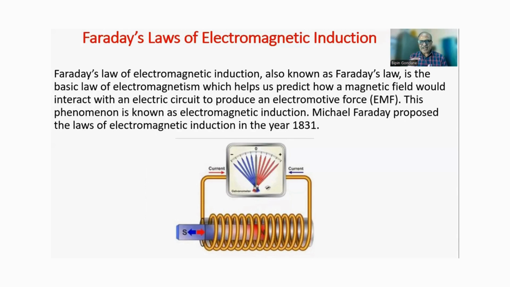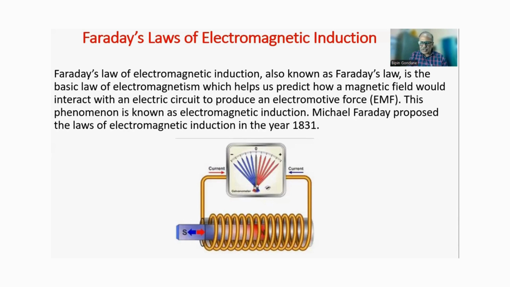When current is passed through a coil, if there is an iron rod inside the coil, it gets magnetized and will start moving here and there. Why? Because the current given to the coil produces a magnetic field which is transferred to that iron, which has become a magnet.